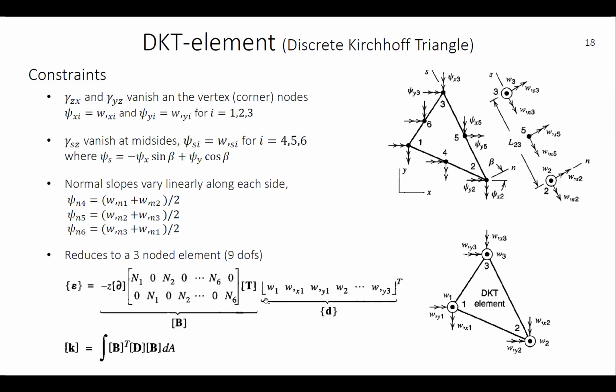And here is the displacement vector. I will not show in detail how this B matrix looks, but it's a function of these shape functions and these constraints that we apply. And then the usual expression for the K matrix is B transpose D times B for this element.